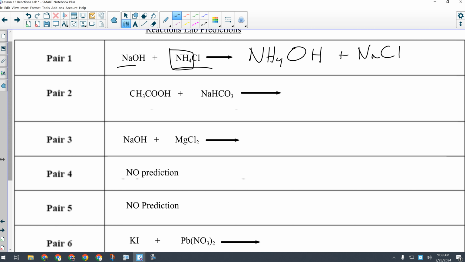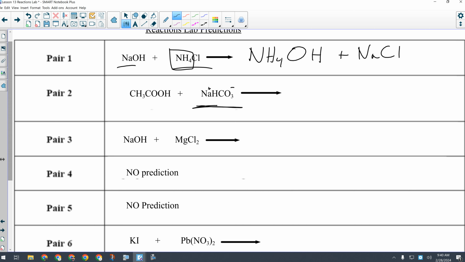Now, number 2 is a little bit weird. This is a fairly common ionic compound, sodium and then hydrogen carbonate are the 2 ions in there. But this one's weird. It doesn't look like an ionic compound because it starts with carbon, but it actually is an ionic compound. But because it's an organic ion, it's written differently.